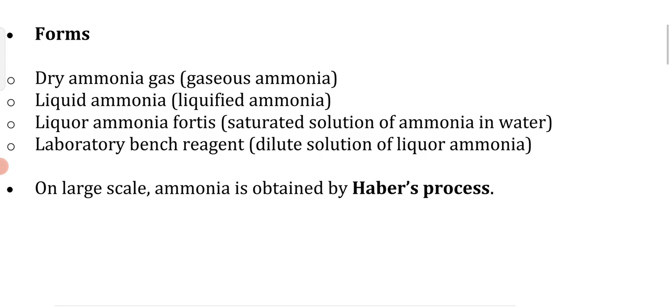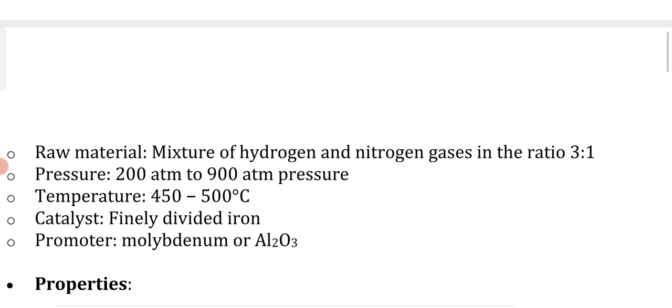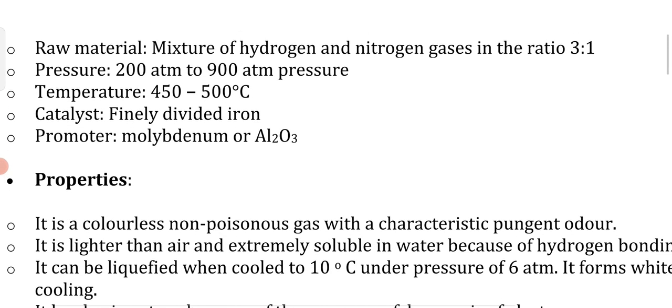On a large scale, ammonia is obtained by the Haber process. In the Haber process, nitrogen and hydrogen combine to form ammonia: N2 plus 3H2 gives 2NH3. Nitrogen and hydrogen have to be mixed in a 1:3 ratio.